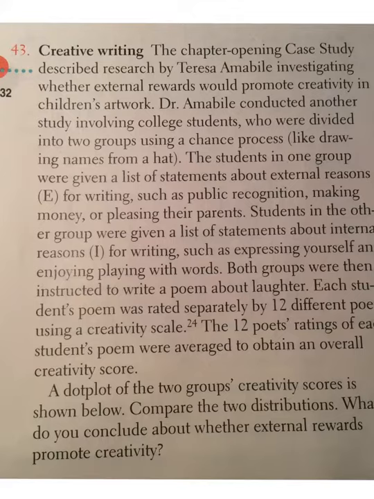So we want to know if giving these groups these either external or internal reasons for writing a poem would affect the creativity. That's what's going on. Now, the students wrote a poem, and they were graded based on their creativity. Okay, so let's take a look at what happened.